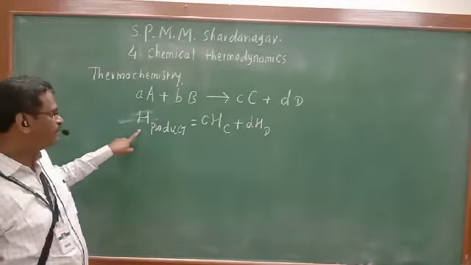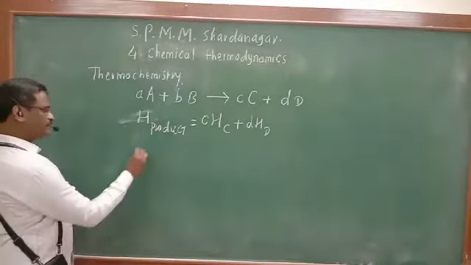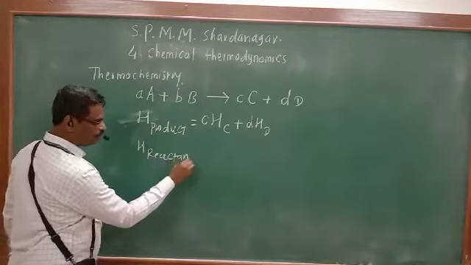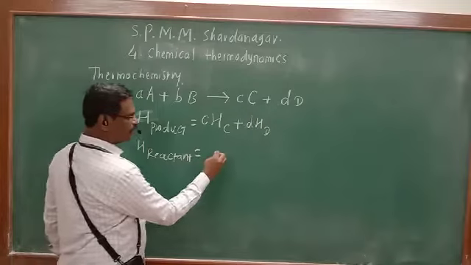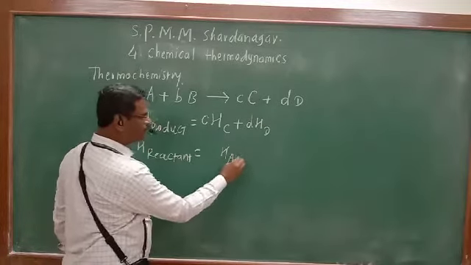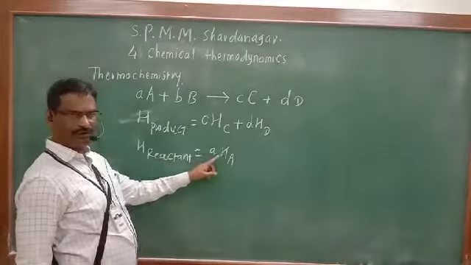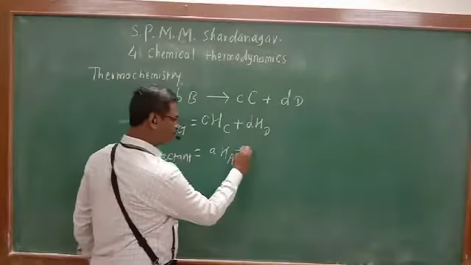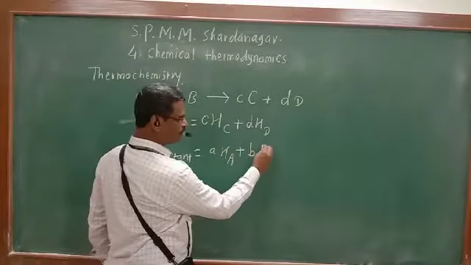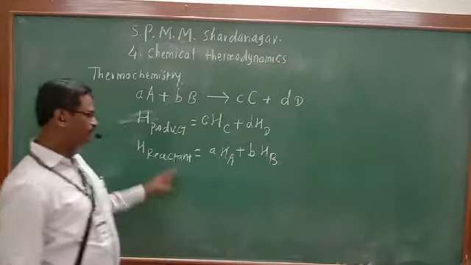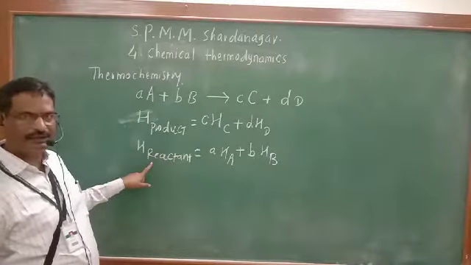Similarly, what is the enthalpy of reactant? H of the reactant will be equal to a moles of enthalpy of A plus b moles of enthalpy of B. That is the enthalpy of reactant.